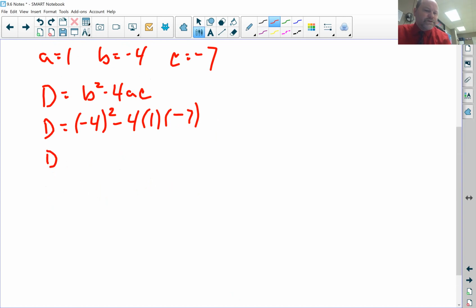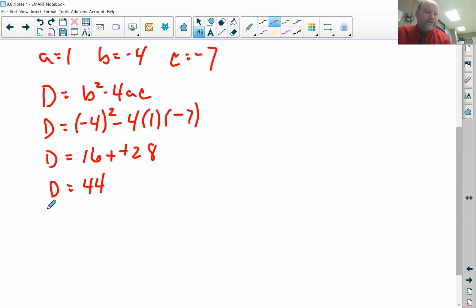So this would be 16 minus -28. And subtracting a negative is the same as adding a positive. So the discriminant is 44.